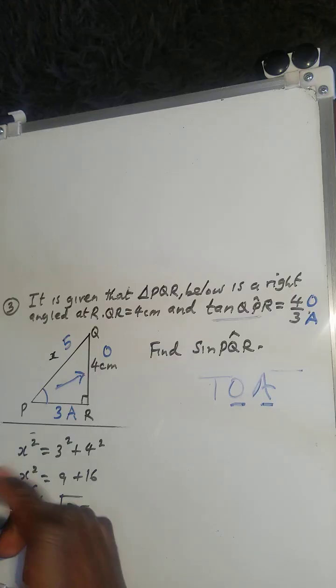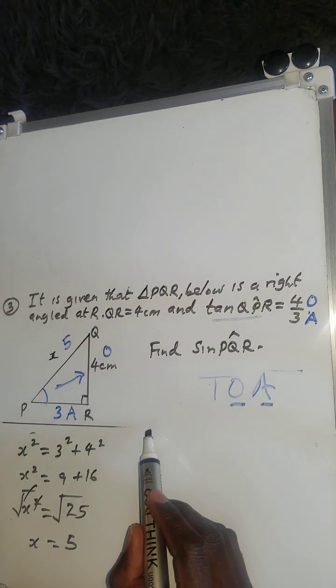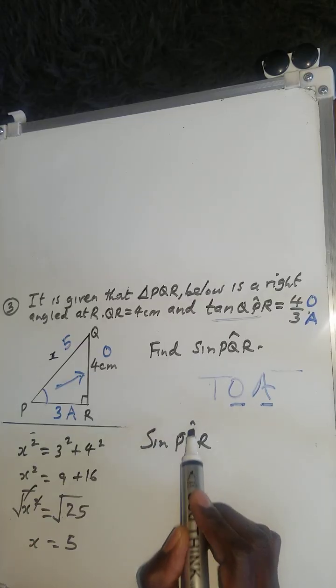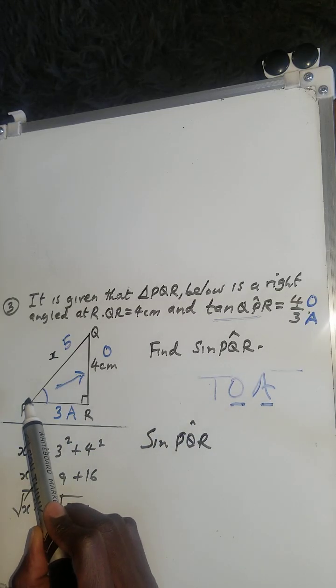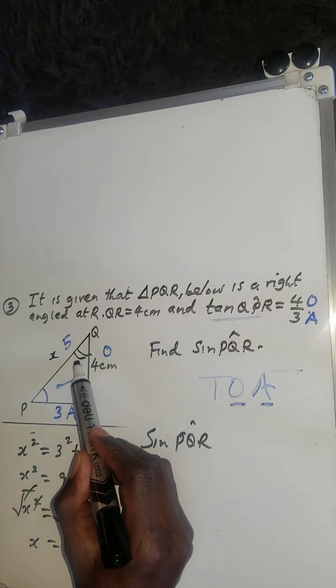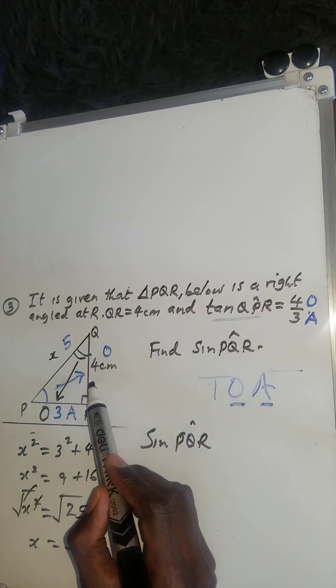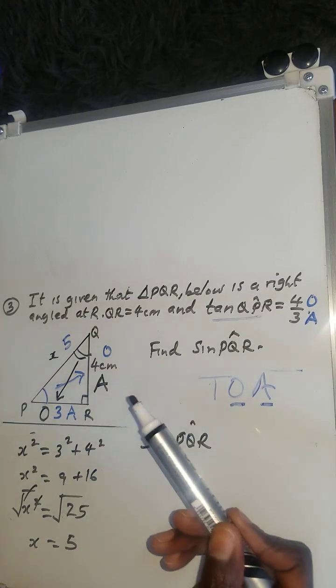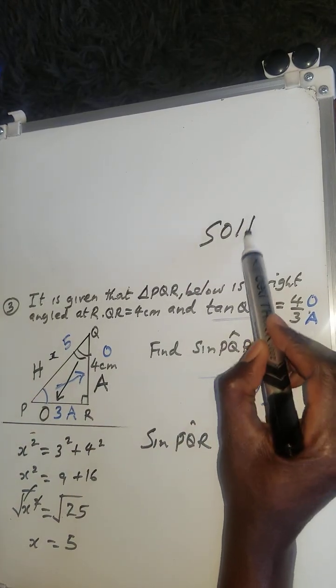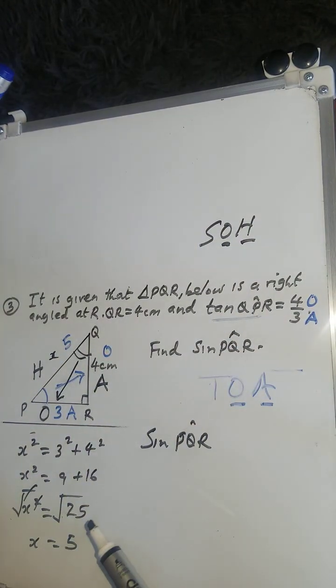Now the question there is simply saying that you find sine PQR. So how do I find sine PQR? I'm looking at this angle here. Where this angle is pointing, that would be the opposite, and this one would be the adjacent. I'm using black, and that is the hypotenuse. Remember, sine is the opposite over the hypotenuse.